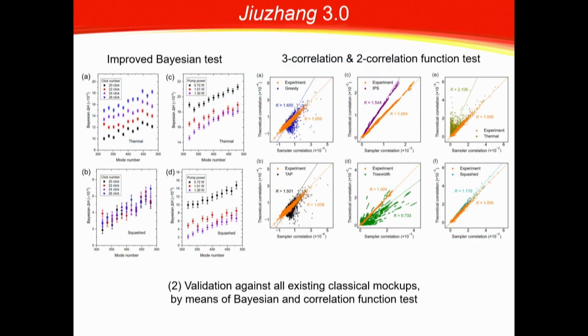And also, we improved our validation tools. The Bayesian test is now independent of the information that can be classically simulated. And we also use higher-order correlations to exclude all existing classical mock-ups that have been published so far. This means this validation is the strongest in any Boson sampling experiment so far.